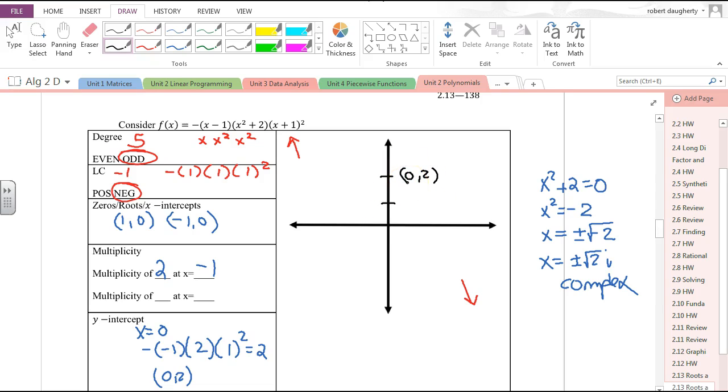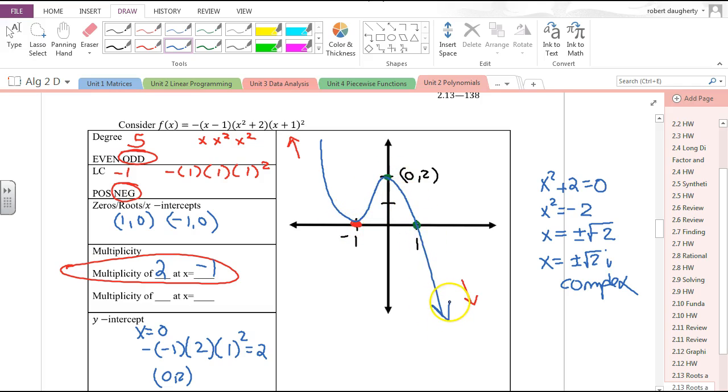And then I'm going to need 1 and negative 1 along my axis. This multiplicity of 2 at x equal negative 1 means you do not cross the axis there. I will cross the axis at this point and at the y-intercept. So the only thing that this graph can do, it has to bounce, go through the y-intercept, and go this way.